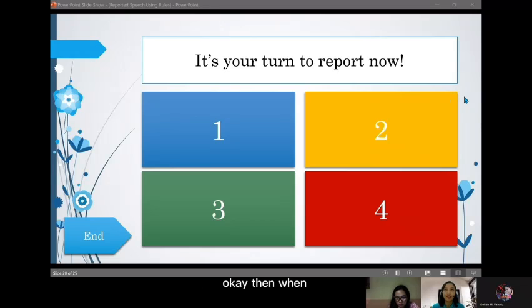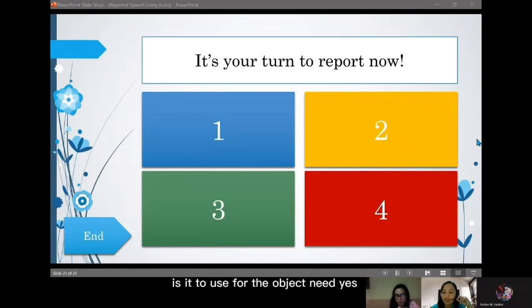Okay. Then when we are going to use the reporting verb told, what is the rule that we should always follow? Anyone? When we are using the reporting verb told or to tell, what is the rule there when we are using it in a reported speech? Anyone?